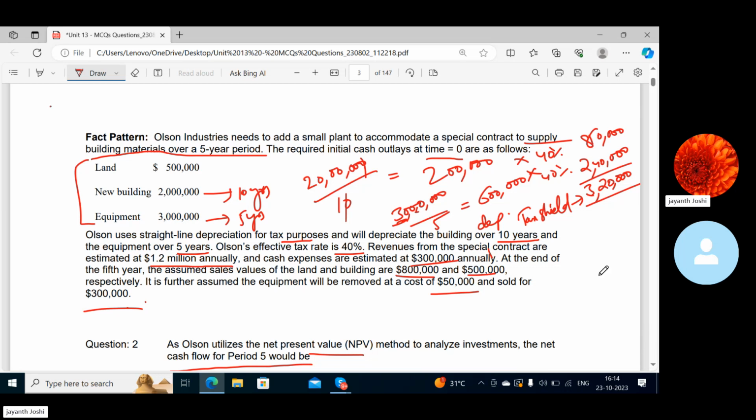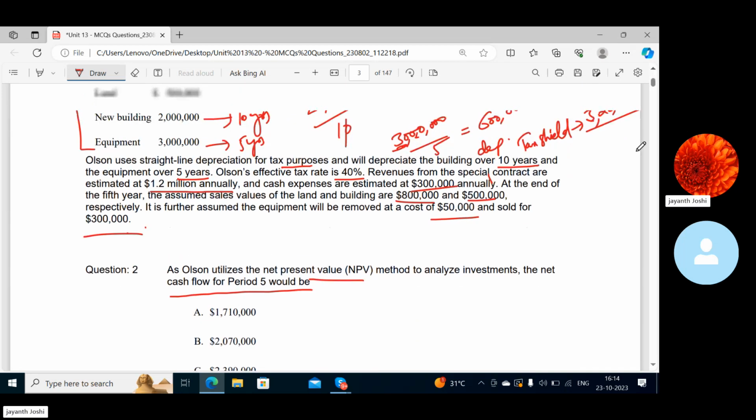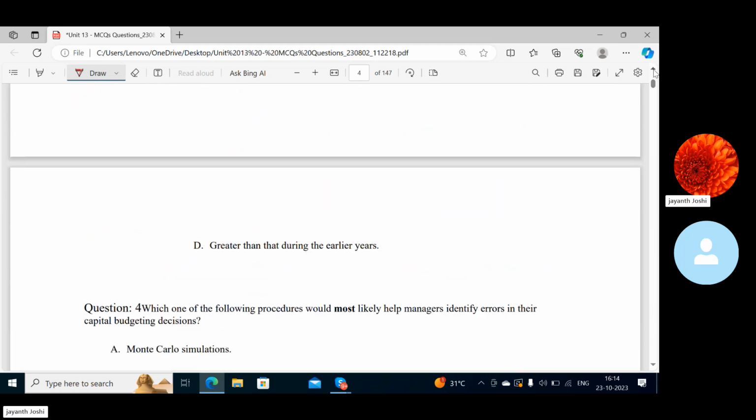Shall we move forward? Yes, sir. Noting down. Yeah, okay. So you note down from the beginning, right? Where is the other section?